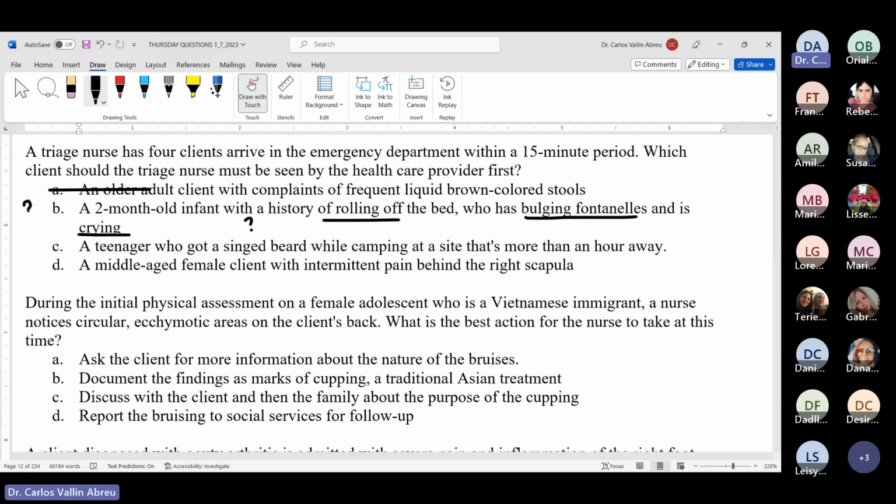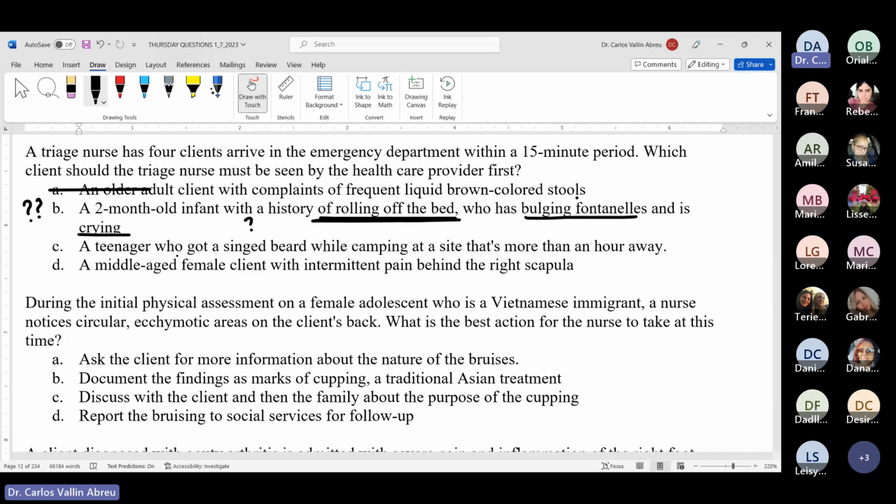Bulging fontanelles are expected when children are crying. If the child is not crying and there are bulging fontanelles, then we suspect ICP, increased intracranial pressure. So I doubt what to do with this, because this looks like rolling off the bed, which could be neglect or abuse. And probably this is not the most important.